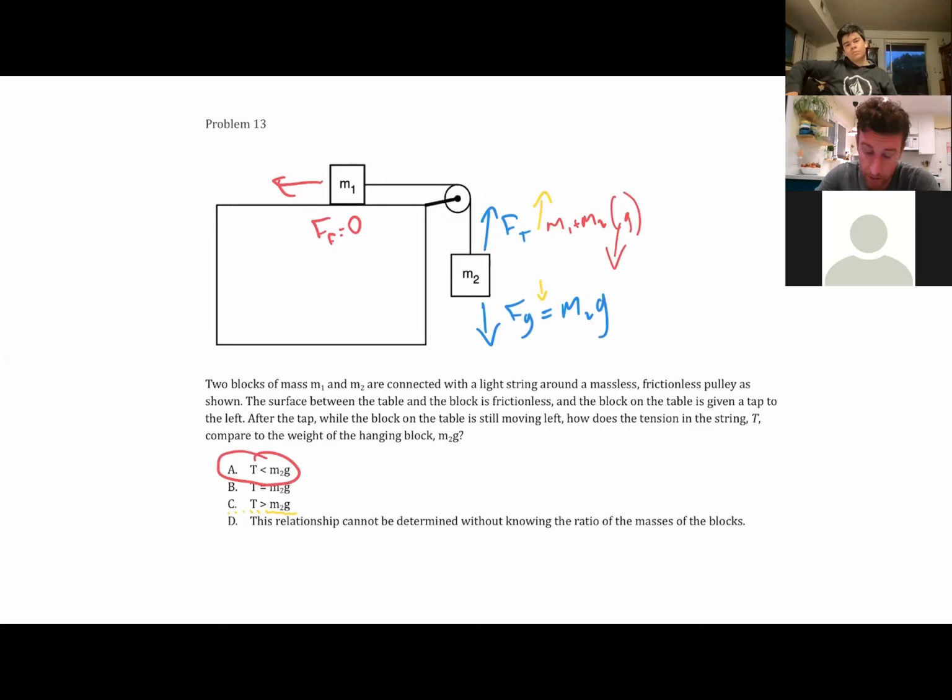However, my justification for it is not strong. I have a gut feeling that it still has to be accelerating downwards, because M2 is pulling downwards. M1 really isn't pulling at all.